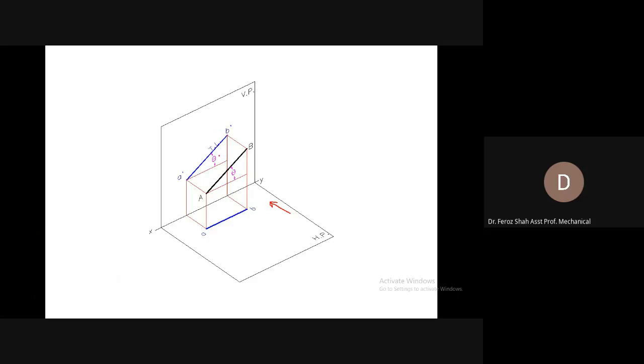While if you look at this line from the top view, the theta will be hidden behind this line, so you cannot judge the theta or the inclination with the horizontal plane in the top view. You can only see it in the front view.